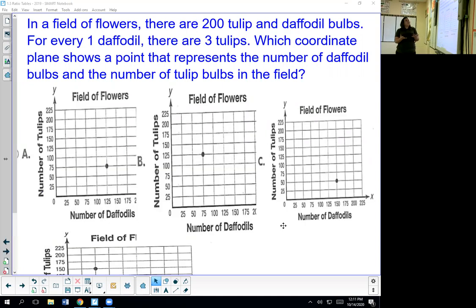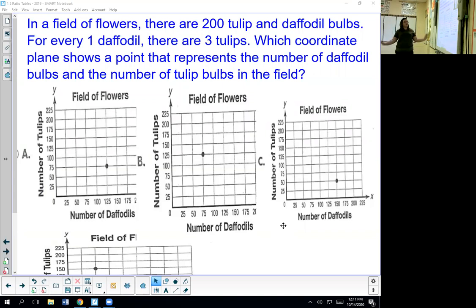It says, in a field of flowers, there are 200 tulips and daffodil bulbs. For every one daffodil, there are 3 tulips. Which coordinate plane shows a point that represents the number of daffodil bulbs and the number of tulip bulbs in the field?